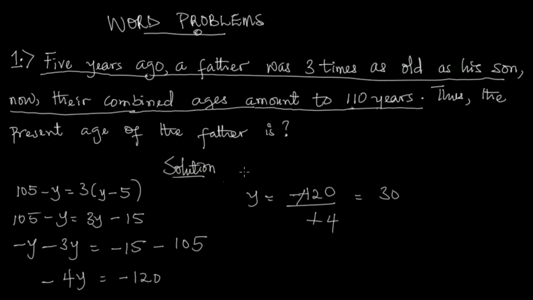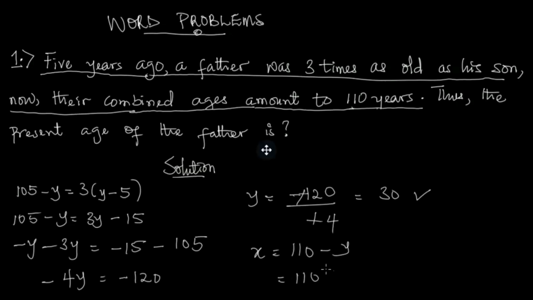So recall that we said the present age of the son is y, which means that this is the present age of the son. And we say that the present age of the father is x, which is 110 minus y.